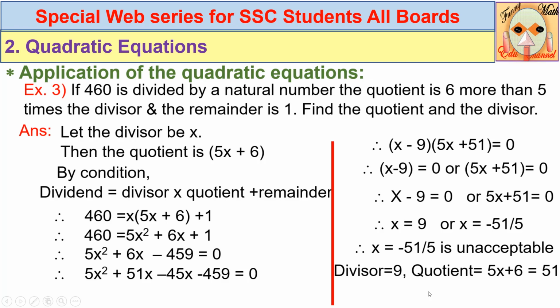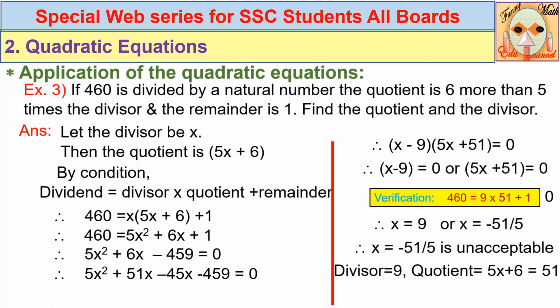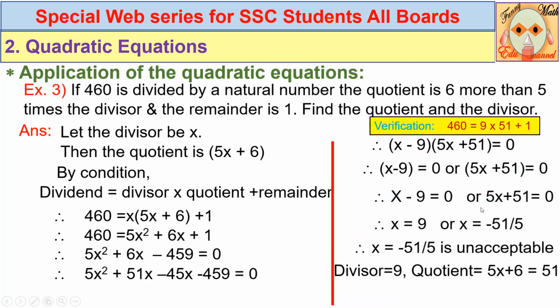You can verify whether your answer is correct or wrong. For the verification, see, 460 is equal to 9 into 51, that is 459, and plus 1 you get 460. Now see how you get 51, because 51 is nothing but 5 times the divisor. 9 5s are 45 and 6 more, plus 6, that is 51.